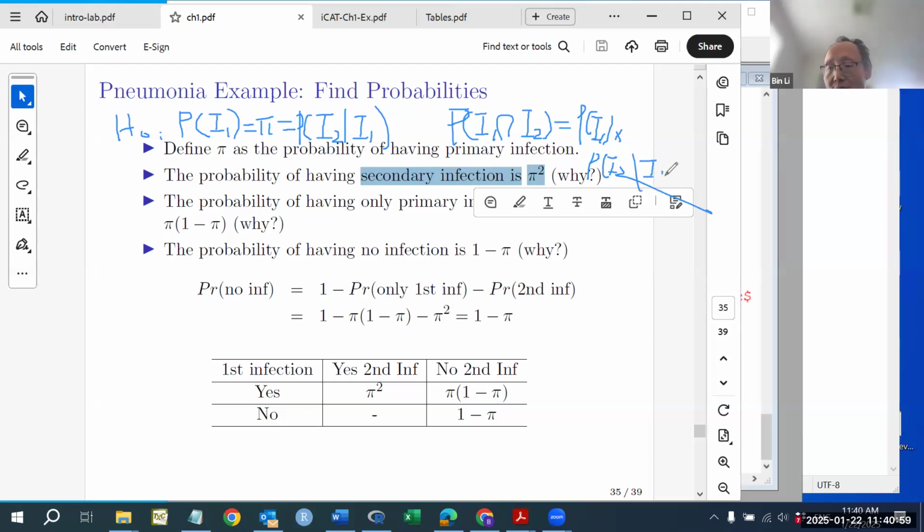That's the conditional probability definition. So this one is pi, and this one is also pi. So the probability of having both infections will be pi squared. I think that's obvious.